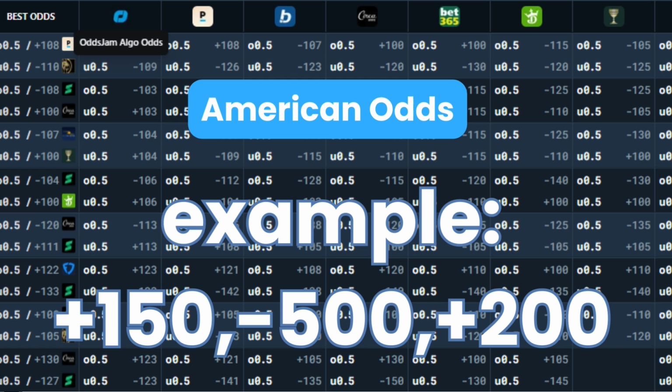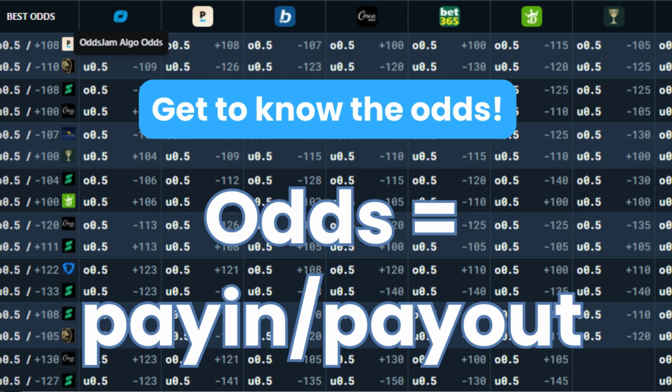So again, team A plus 500 means you win $500 on a $100 bet. So total of $600, your $100 stake plus a $500 profit. While a minus 200 means if you bet $200, you'd win $100. So the minus is the favorite, and that's how you would break down the money line odds, which is very much correlated with the price and some probability. Let's dig into that next.